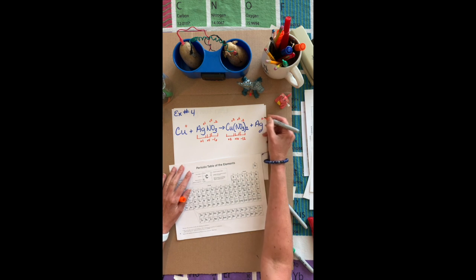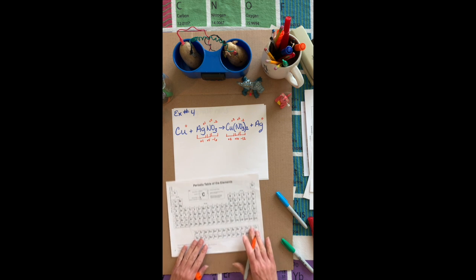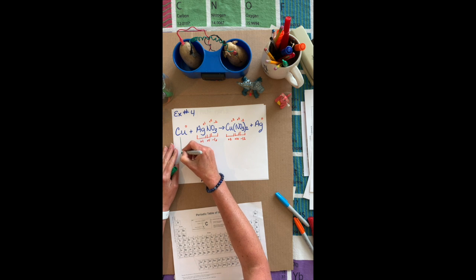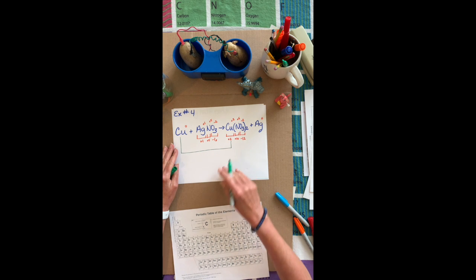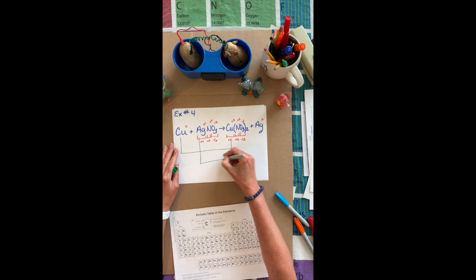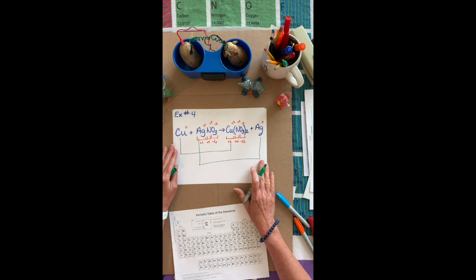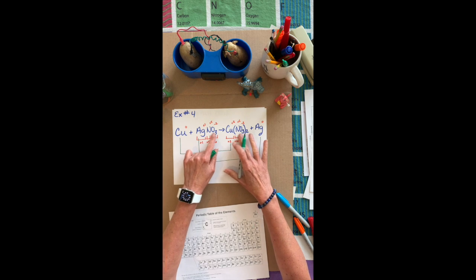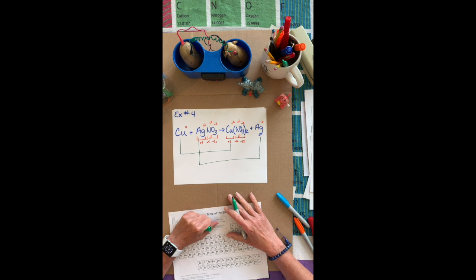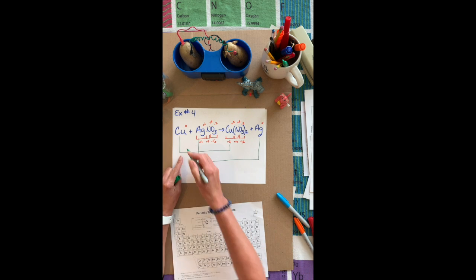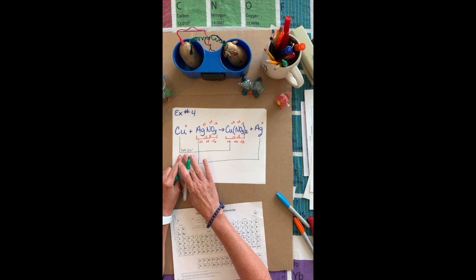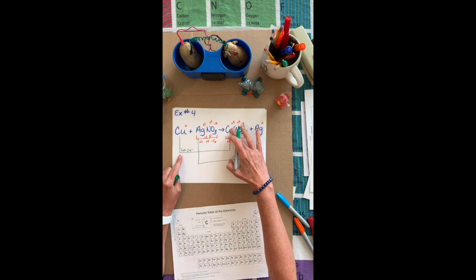And finally, silver as a free element is a 0 charge. Do we have a redox reaction? You betcha. Our copper has changed, and you'll notice our silver has changed, and our nitrogens and oxygens are not of much interest to us. They have not changed. So copper has lost 2 electrons to go from a 0 to a +2 charge.